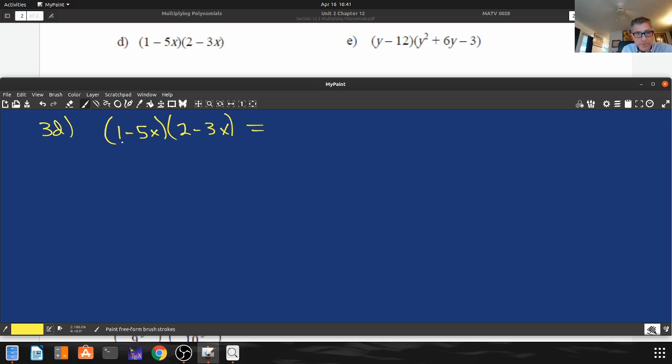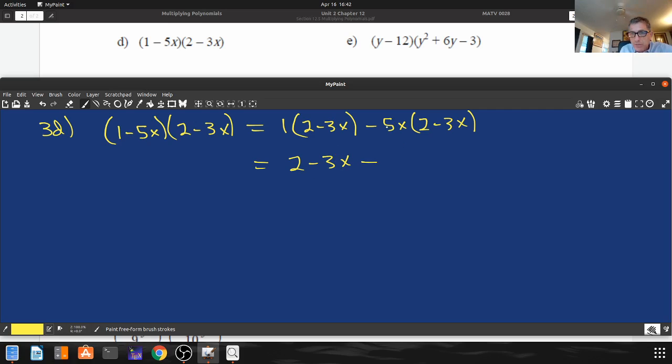So I take the first term, and I multiply it all by the entire second binomial. Then I take my second term, multiply it by 2 minus 3x. So this is equal to 2 minus 3x, because 1 times 2 minus 3x is 2 minus 3x.